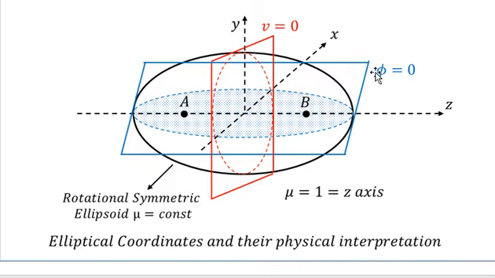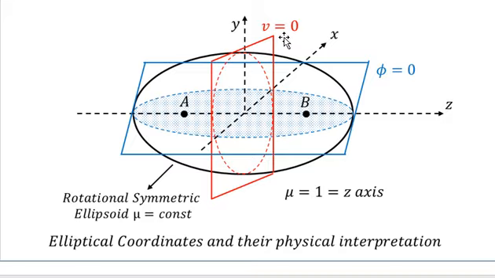I have also explained the plane determined by phi equal to 0 or any value of phi. When phi is equal to 90 degrees, this plane will be lying in the YZ plane. And when phi is equal to 180 degrees, it will be lying in the minus xz plane, and so on.